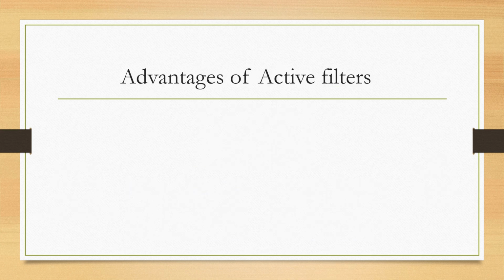Now moving on to the advantages of active filters over passive filters. The first advantage is the gain and frequency adjustment flexibility. There is a flexibility to adjust the gain as well as the frequency.